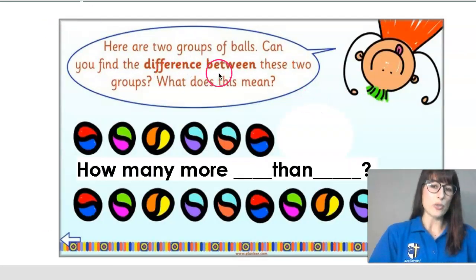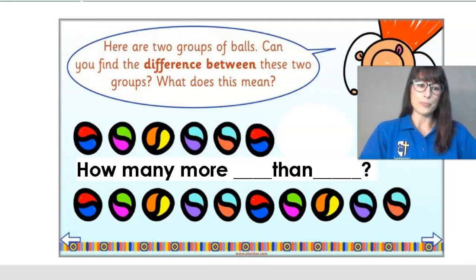Let's say I have here two groups of balls. As you can see, I have one that has 6 and another one that has 10. Now, if I need to find the difference between these two groups, as we said, we will be doing subtraction. Now, what does that mean? Okay, how do we do that? I could either count on, okay, so I'm going to count from 6 to 10.